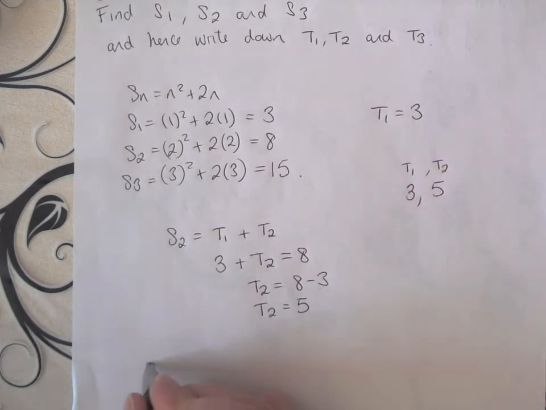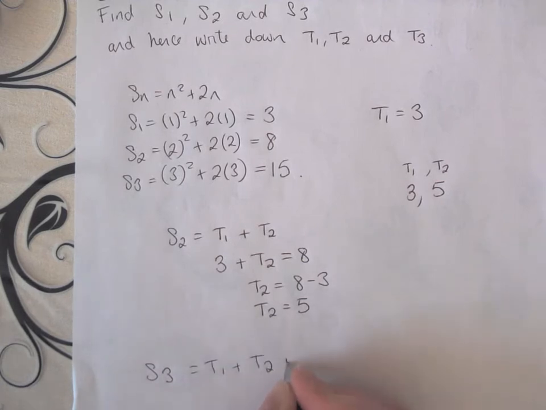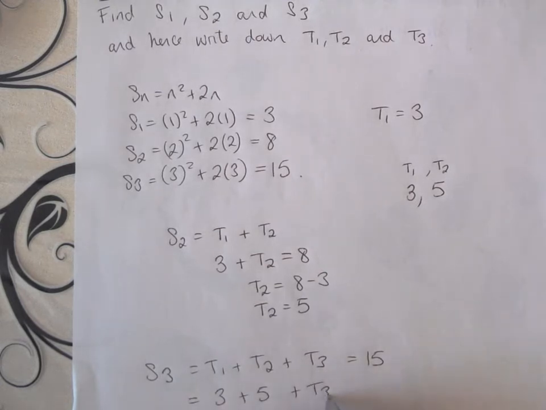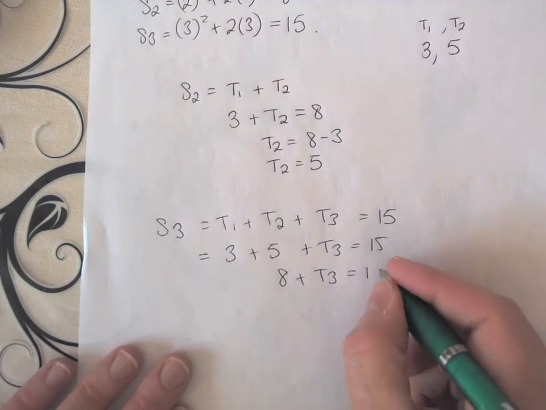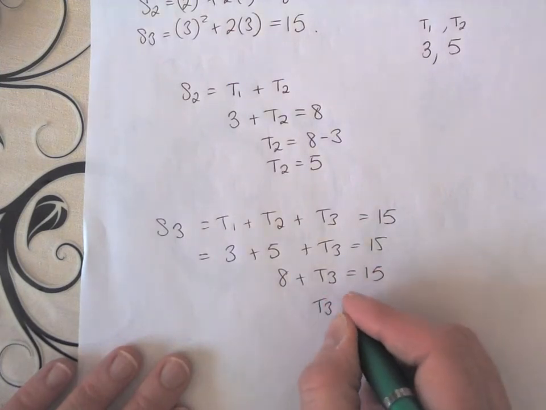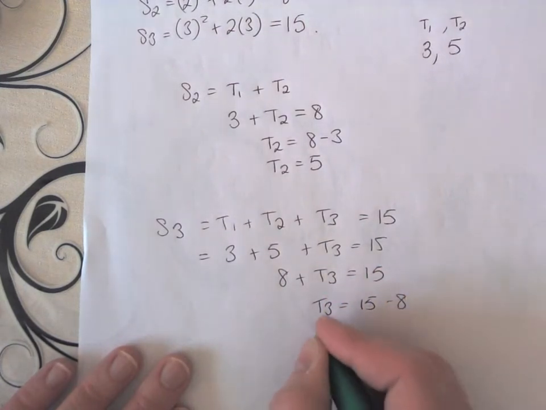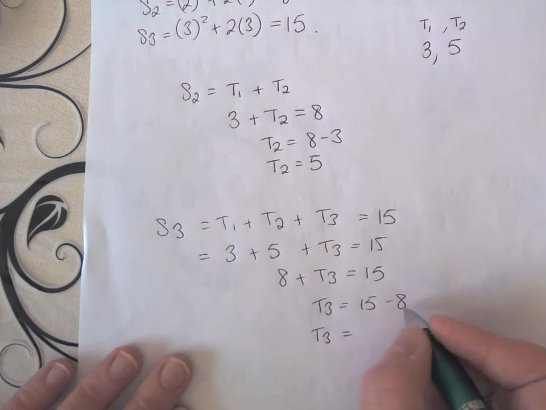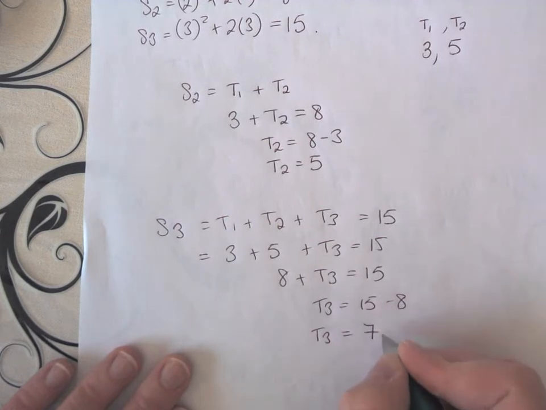So then S3 is equal to T1 plus T2 plus T3, and it gives me a total of 15. So T1 is 3, T2 is 5, I don't know what T3 is, so 8 plus T3 is equal to 15. So T3 is equal to 15 minus 8, so T3 is equal to 7.